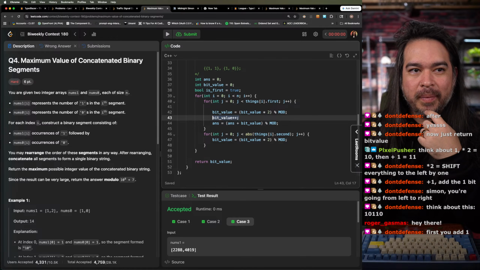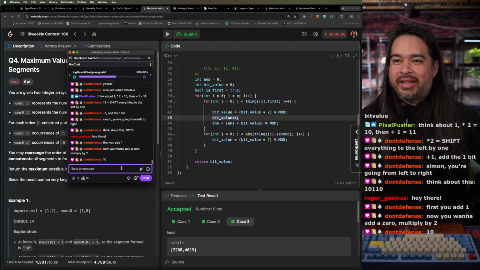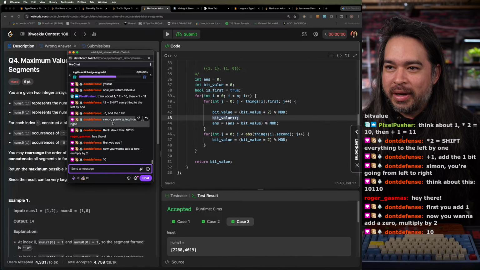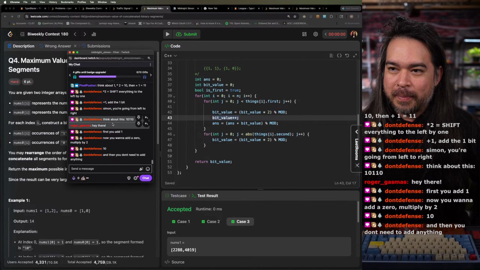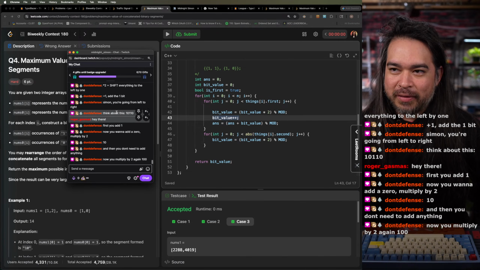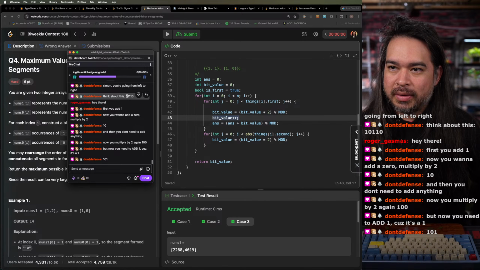All right. Going from left to right, think about this. 10110. Welcome. I'm learning about bits because they're confusing me in this problem. First you add 1. Now you want to add 0. Multiply by 2. Yes.